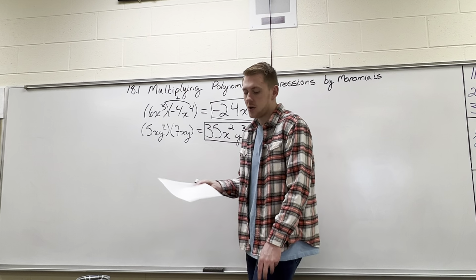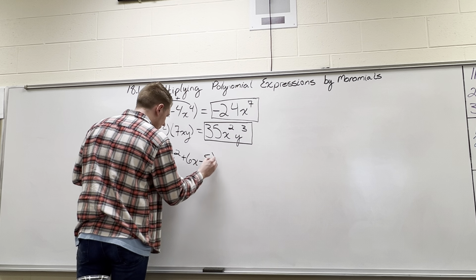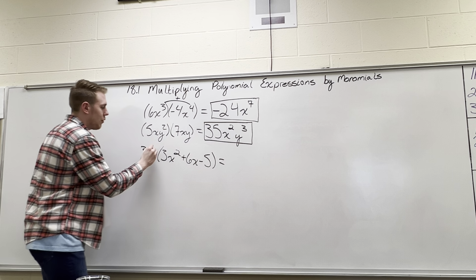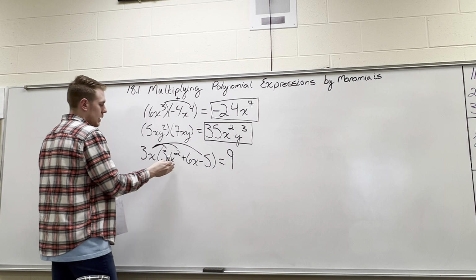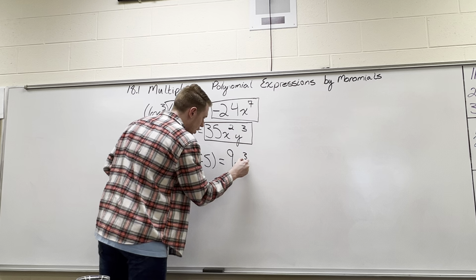All right. So, the third one is going to be 3x parentheses 3x squared plus 6x minus 5. So, what do you need to do? You have to distribute. So, what's 3 times 3? 9. What's x and x squared? 1 plus 2 is 3. X cubed.